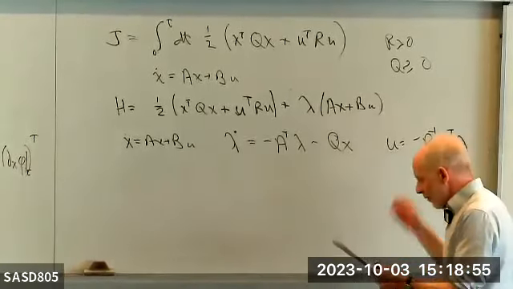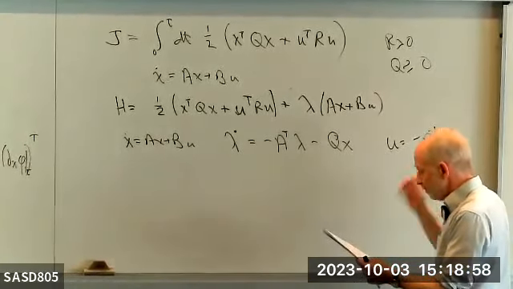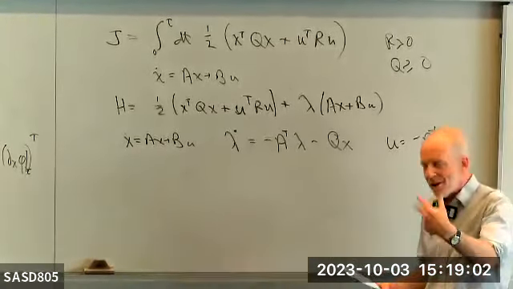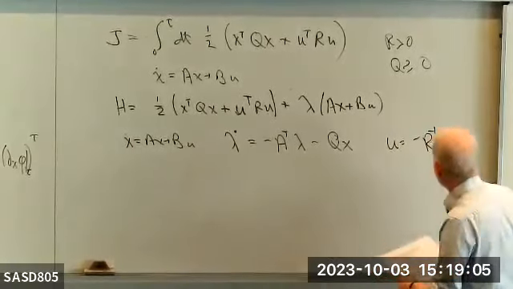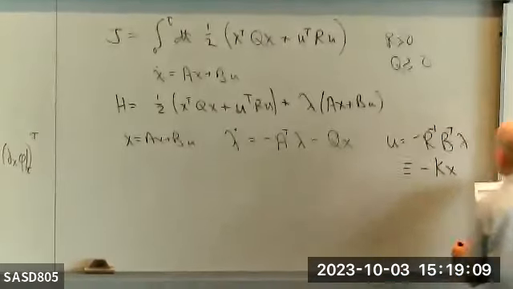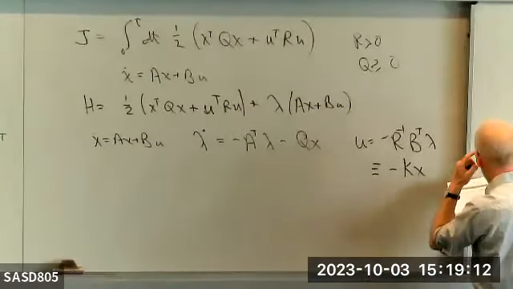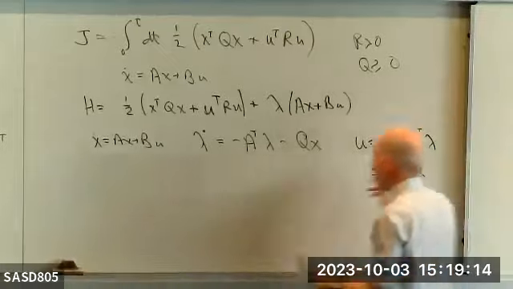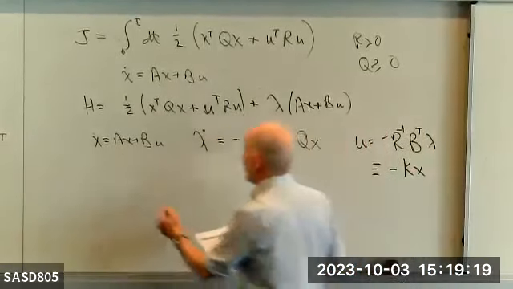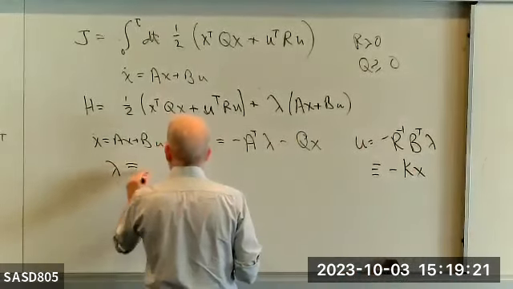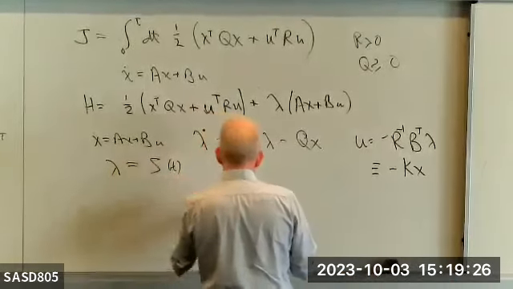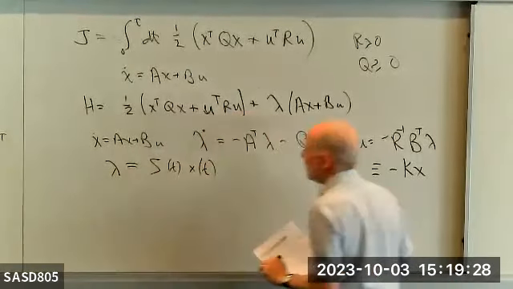So then if we want to solve this, the ansatz that we can make, or the substitution that we can make, is to try something of the form minus Kx. Or sorry, I'm skipping a step here. The way we'll do the ansatz is to write lambda equals S of t times x of t.